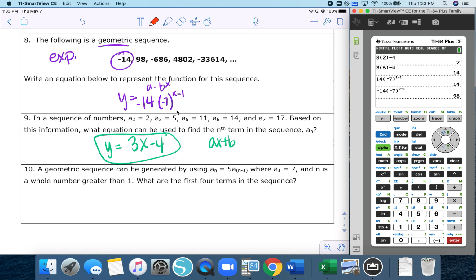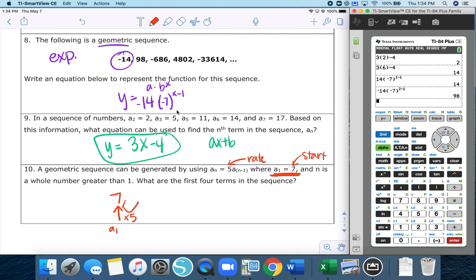And number 10, a geometric sequence can be generated using a to the n is 5. Remember, this is my rate. And then we're a to the 1, so we start at 7. And n is a number greater than 1. What are the first 4 terms? So the first term was given to me. That number over here, a1, whatever a to the 1 equals, needs to be your first number.